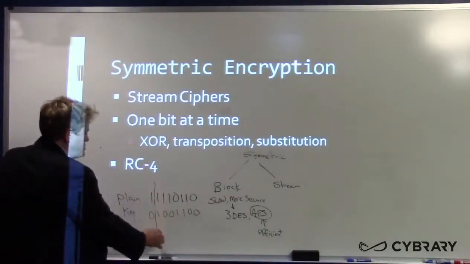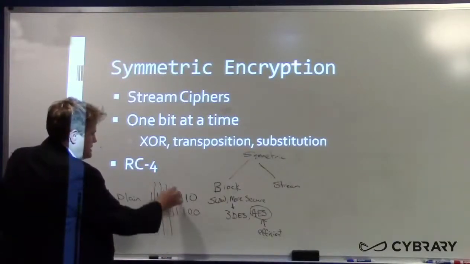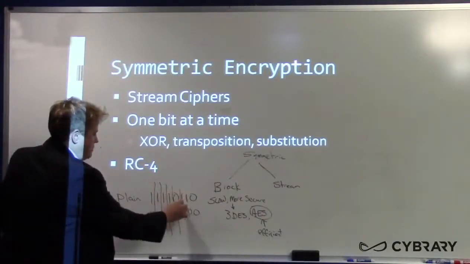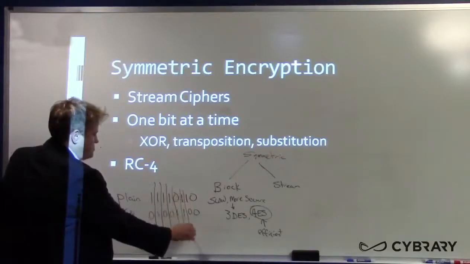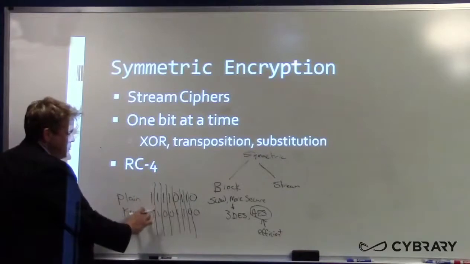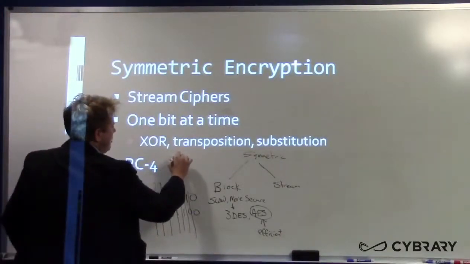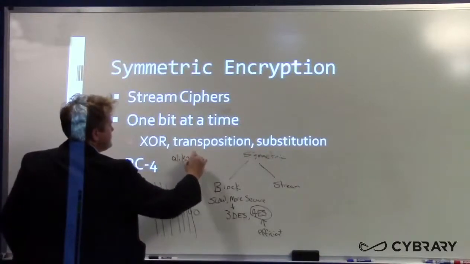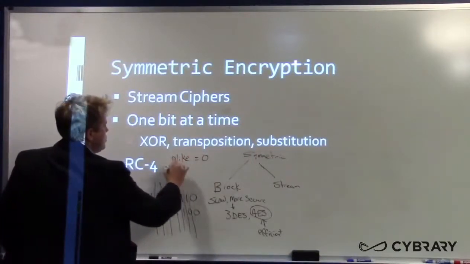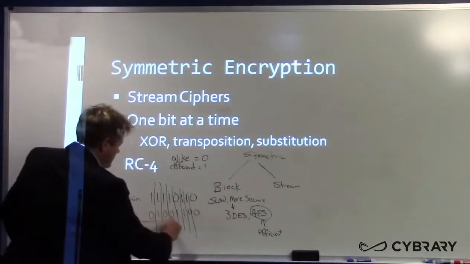But with this particular encryption mechanism, again, it's a stream. So what it does is it uses the key bit by bit by bit to provide encryption. Essentially fairly easy, because when you match up the plain text with the key, where the values are alike, the ciphertext becomes 0. Where the values are different, ciphertext becomes 1.